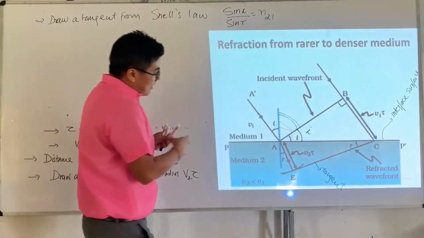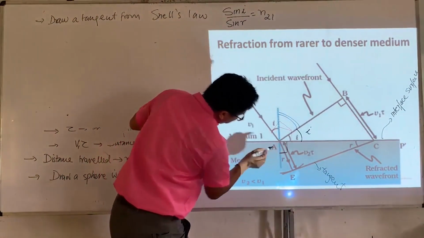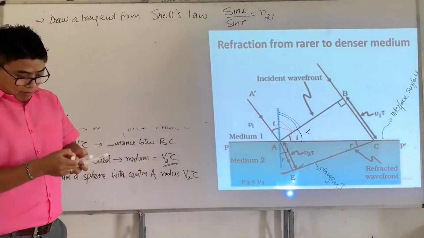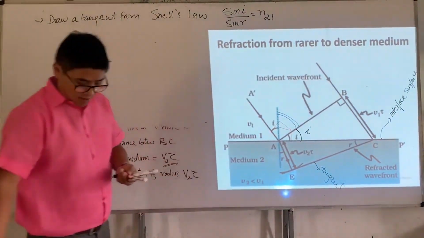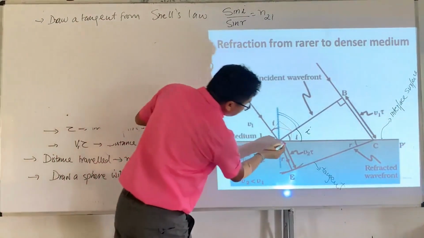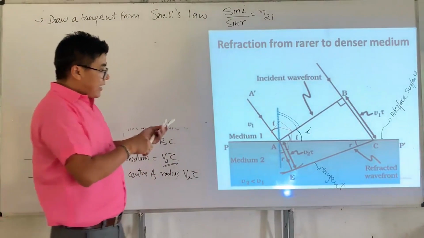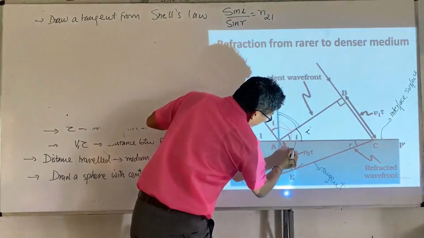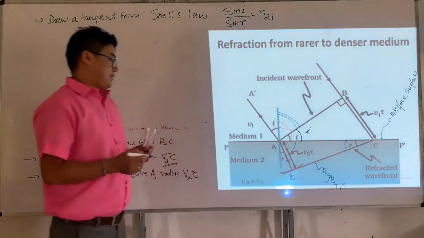Now look at here, again. This is 90 degree, no doubt. This is 90 degree, and this angle plus this angle is 90 degree.